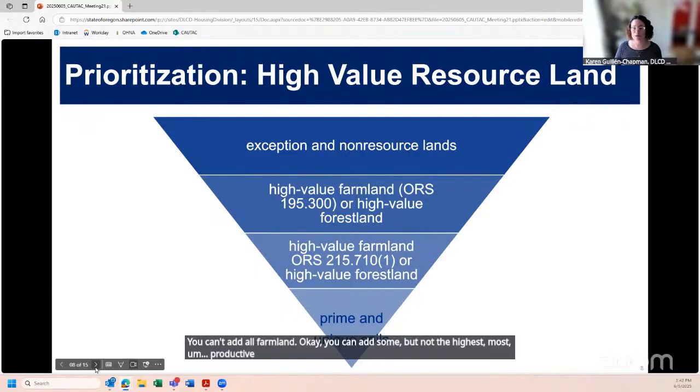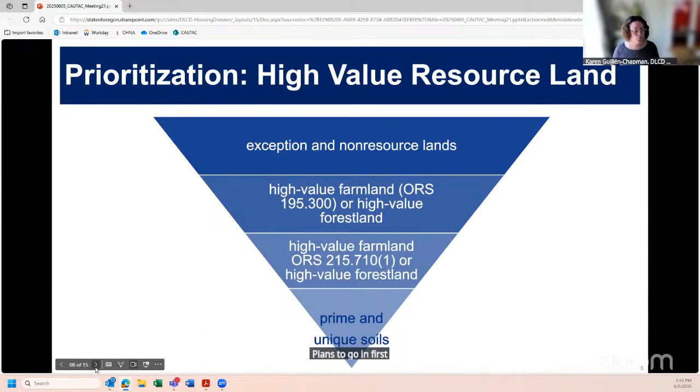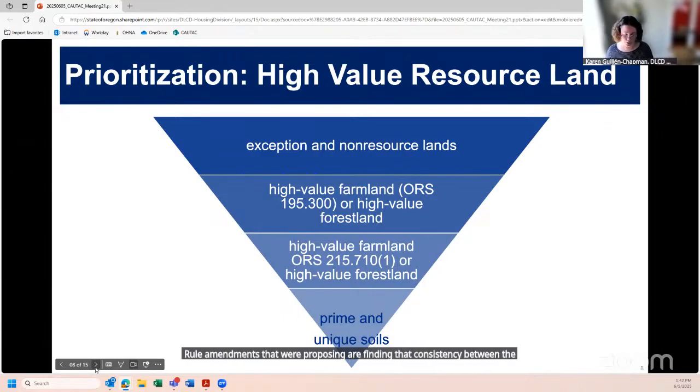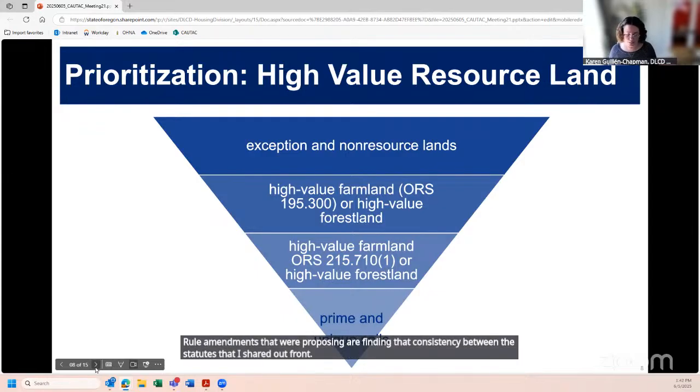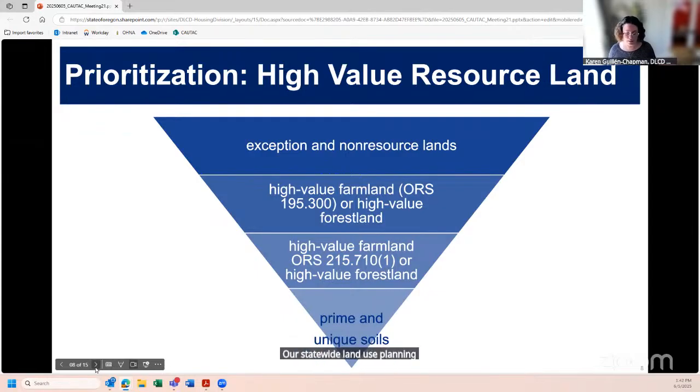Okay, you can add that farmland, but really limit the prime and unique soils and get the least capable or the least productive lands to go in first. And so that's what a lot of the rule amendments that we're proposing are, finding that consistency between the statutes that I shared out front, our statewide land use planning goal 14 and goal 3, and then bringing that into rules.